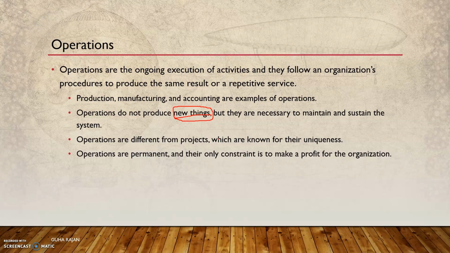The model is initially a project. Once that model is out and they have defined that model, it will go into an operation where they repetitively produce the same model of computer or the same model of smartphone again and again. So that's about the operation.